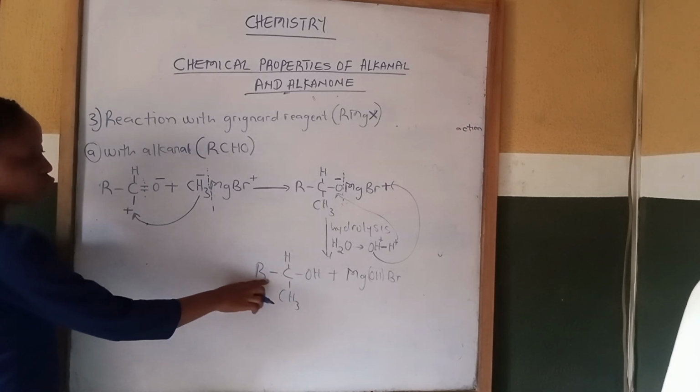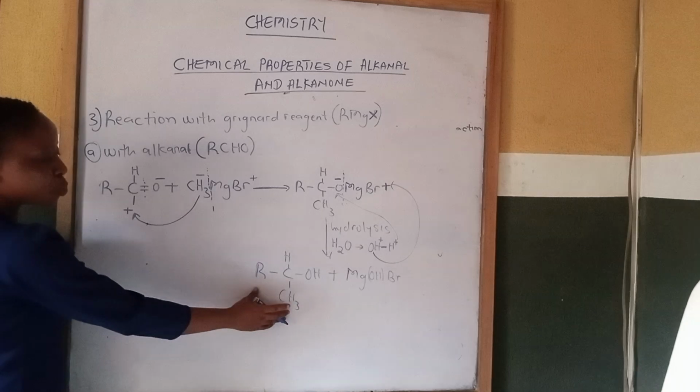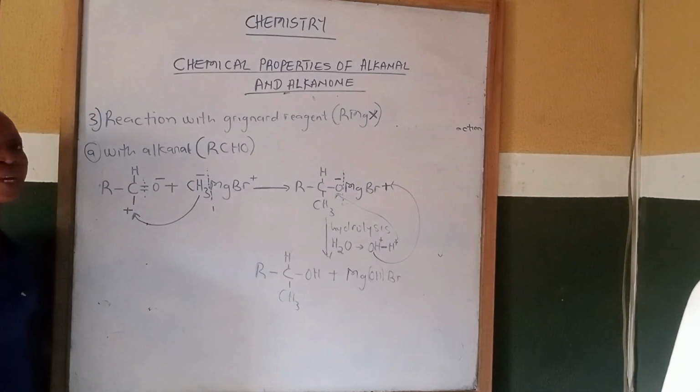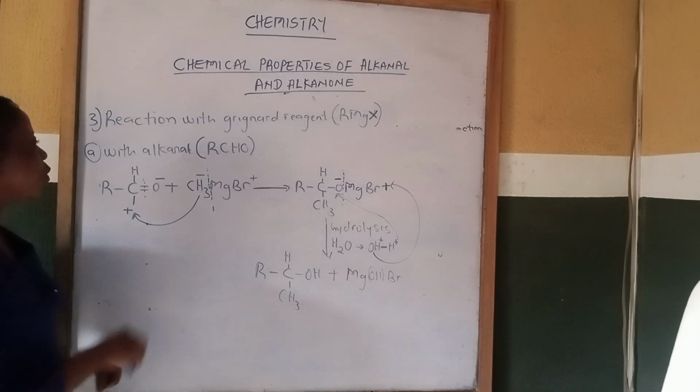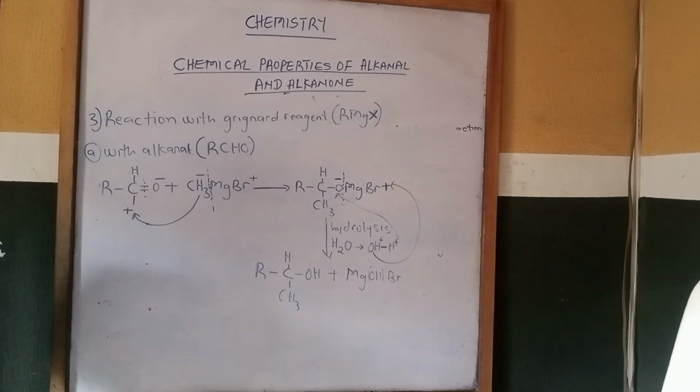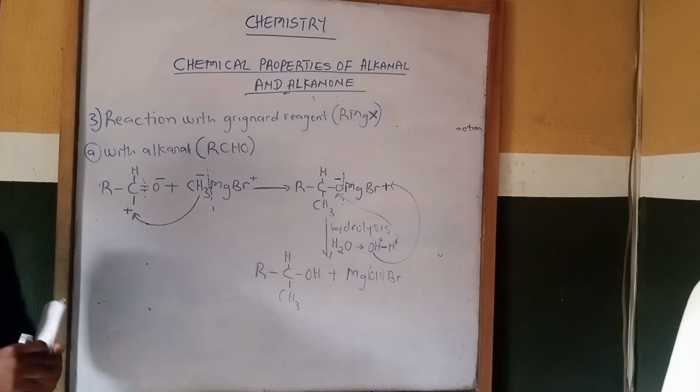so that we'll be able to name the product formed. Due to this R, we cannot name this product because this R can be any alkyl group. So let's take an example of a known alkanal.